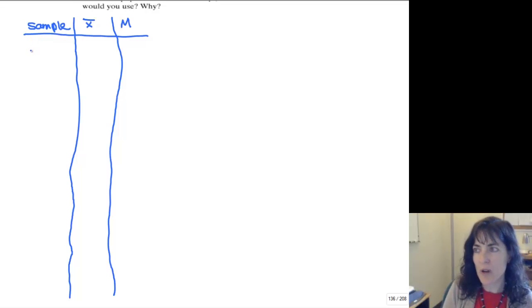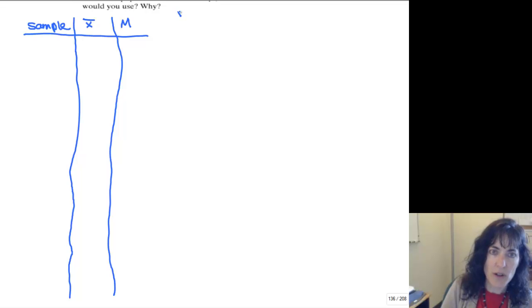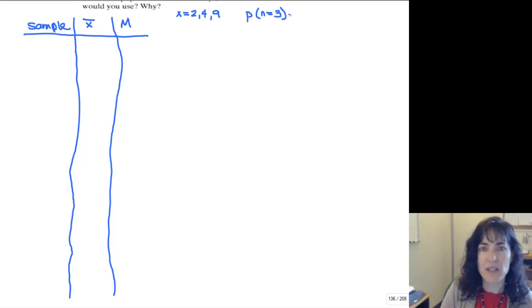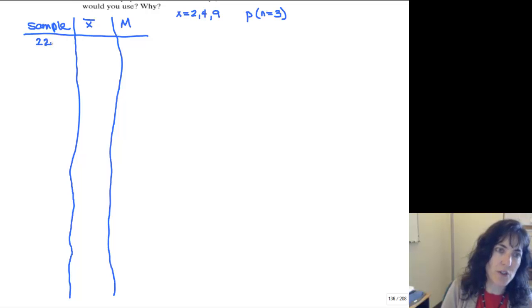Okay, my sample, remember, it's 2, 4, and 9, so my values are 2, 4, and 9. And my probability when n equals 3, because I'm going to do 3 in a row, so my first possibility, let's write a couple of them down, is going to be 2, 2, 2.